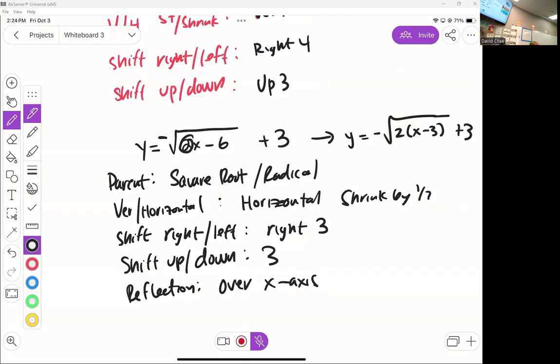It says 1, horizontal shifting, 2, stretching and shrinking, 3, reflections, and then 4, vertical shifting. So that's the order that you need to go through when you have multiple transformations. We good? Okay, so go to page 204. Make sure you get that because that's going to be huge.